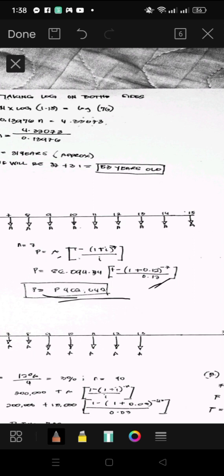Since the problem states the 8th payment, n is equal to 15 minus 8, which is equal to 7. That's why we obtain 7. So let's go to the next problem.